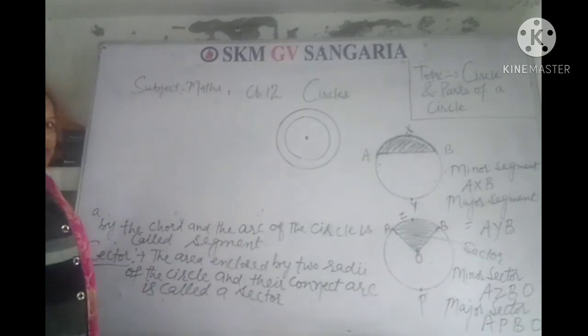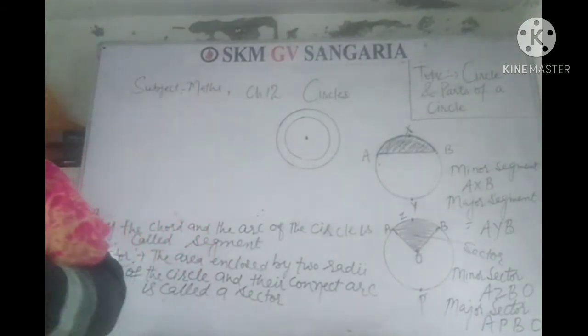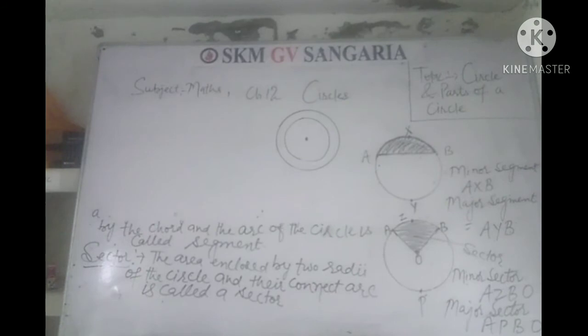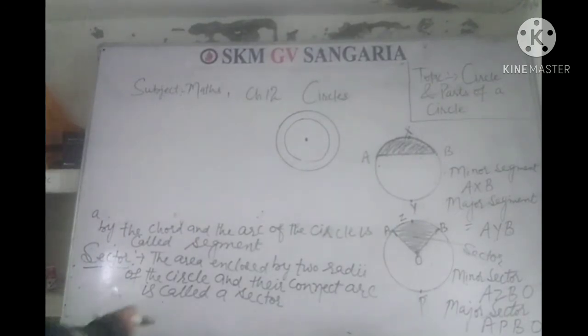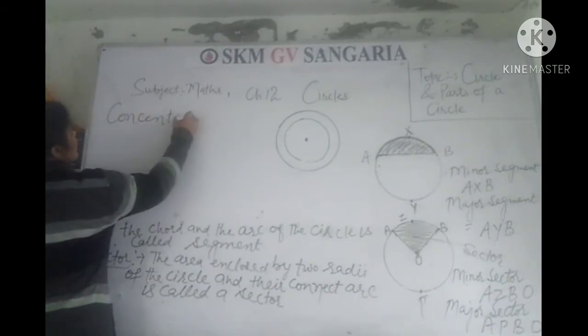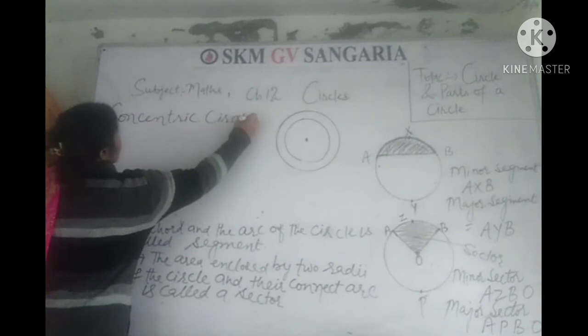So these types of circles are called concentric circles. Two or more circles, it can be 3, 4, or 5 circles, that have the same center point are called concentric circles.